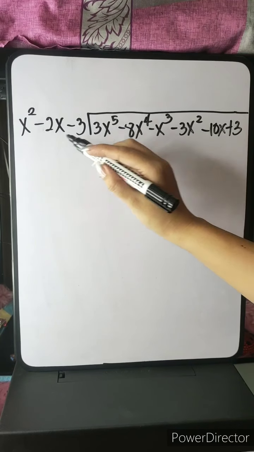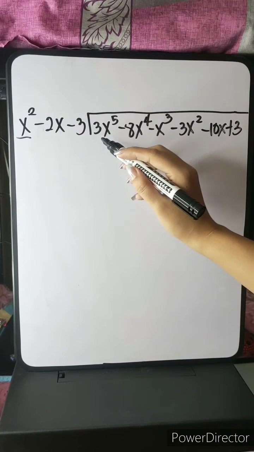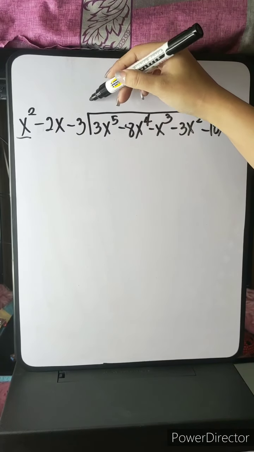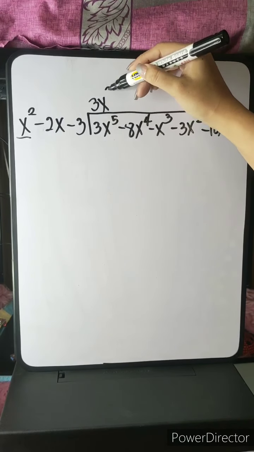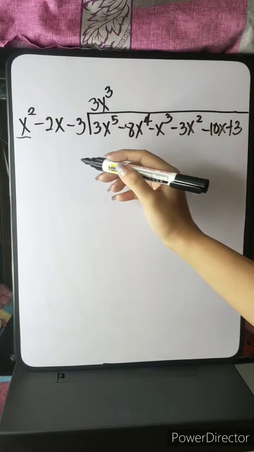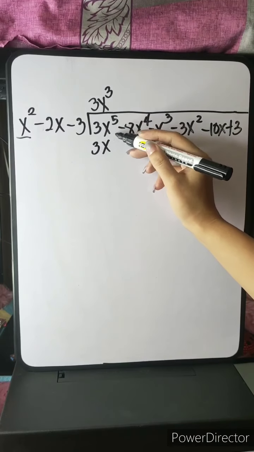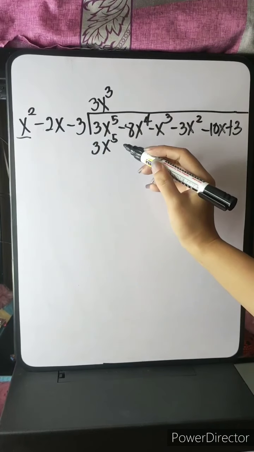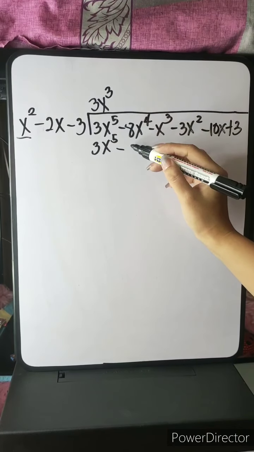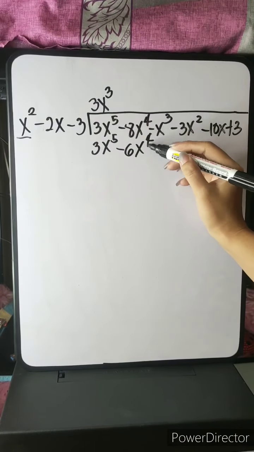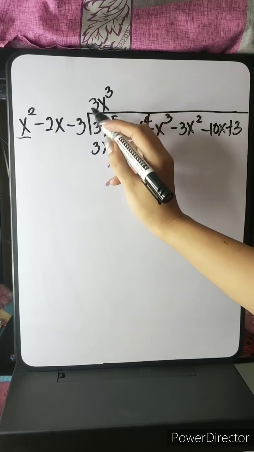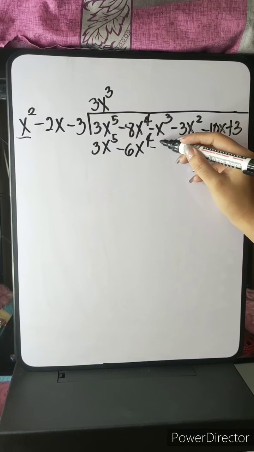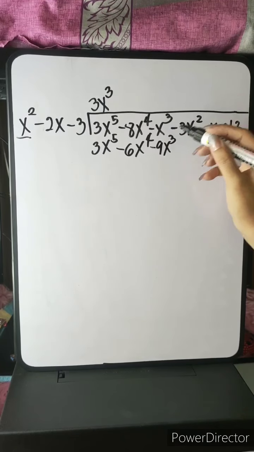So, divide muna natin using the first term. So, 3x raised to 5 divide x squared. So, 3x cubed. And then, when we multiply, it will be 3x raised to 5. And then, pag multiply natin to, magiging negative 6x raised to 4. Dito natin i-multiply, magiging negative 9x cubed.